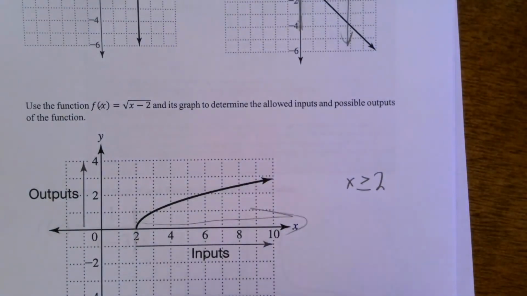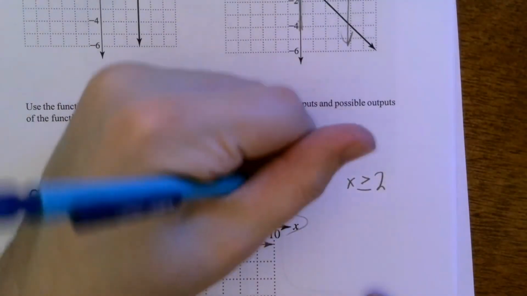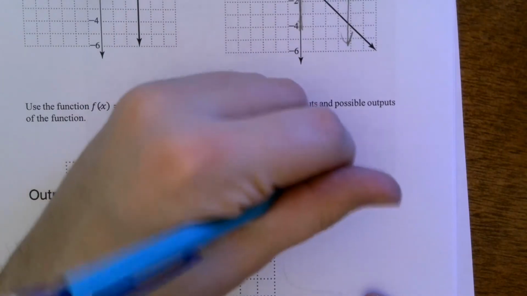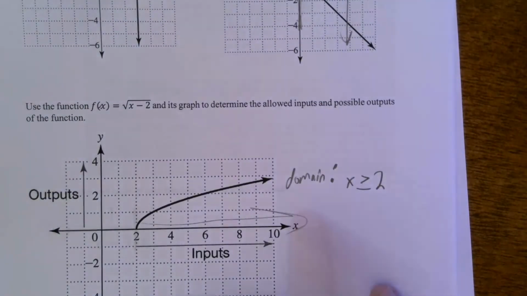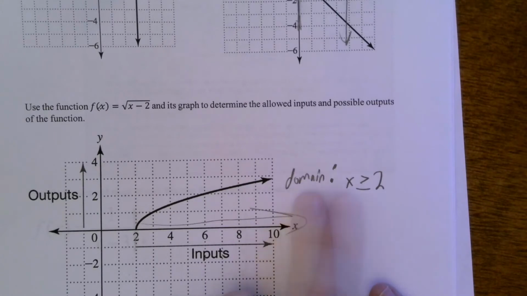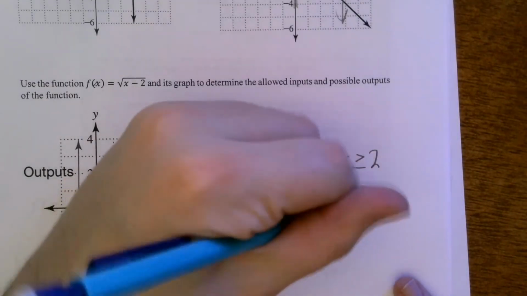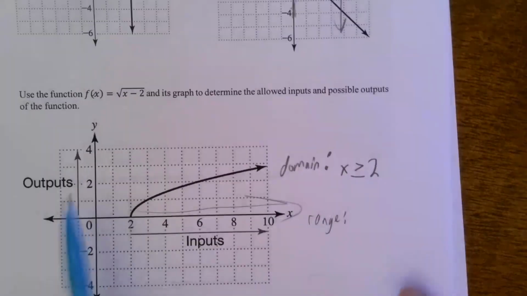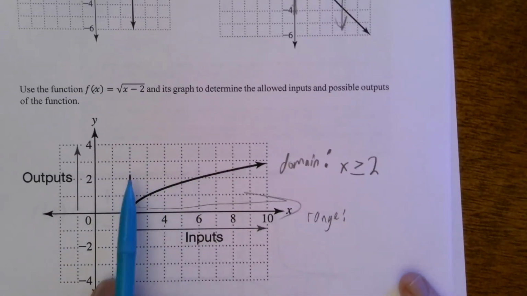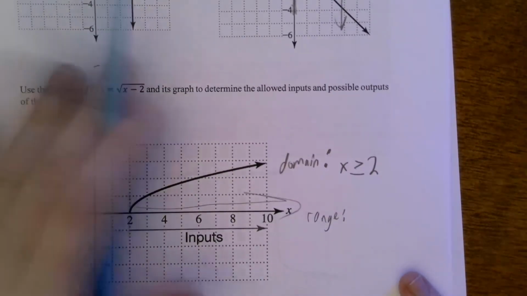We also call the inputs the domain. So that's one of our keywords here, domain. Okay, and I'll show you that on the next page as well. So the domain is just all your possible x values or your inputs. And then your range is just your outputs or your y values. So what limit do we put on y, or what are our stipulations to put on y here?